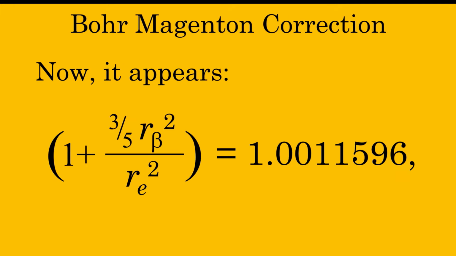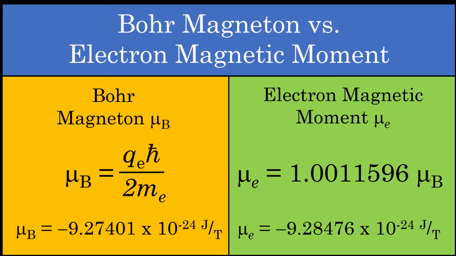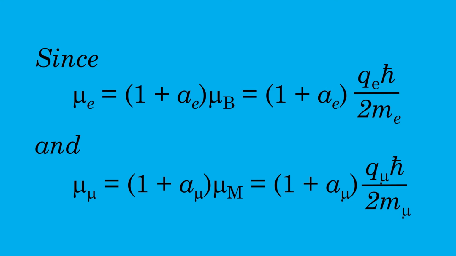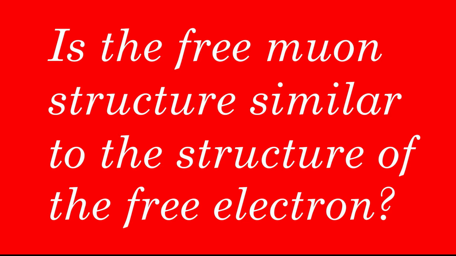That value is 1 plus the electron anomalous magnetic moment, A sub e, of 0.0011596 times the Bohr magneton, or 1.0011596 mu sub b. This raises the question: since the actual muon magnetic moment is 1 plus its anomalous magnetic moment times its equivalent to the Bohr magneton, can a similar model treatment be determined for the muon?